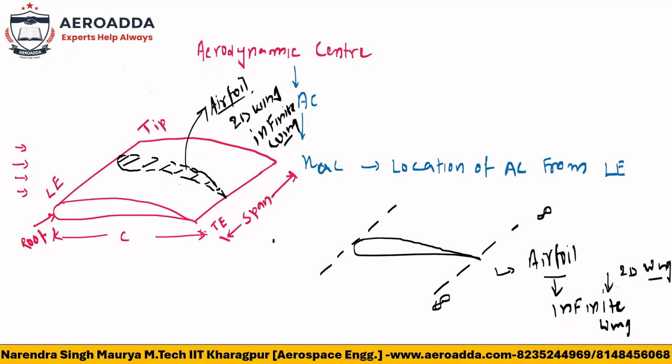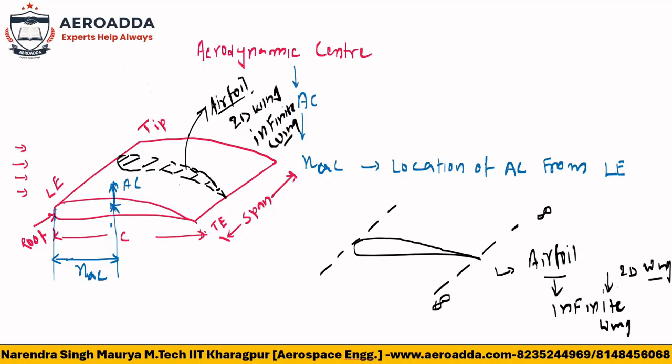So the point is, if you are going to calculate the aerodynamic center, it will be measured from the leading edge. Suppose here we have the leading edge, and maybe this is the aerodynamic center AC, so this length will be measured like this. Now we have to calculate that value.